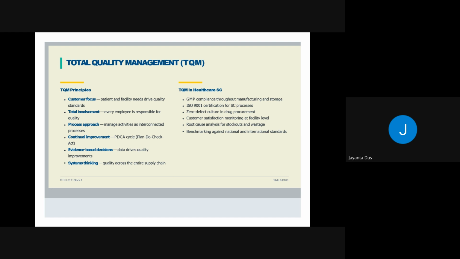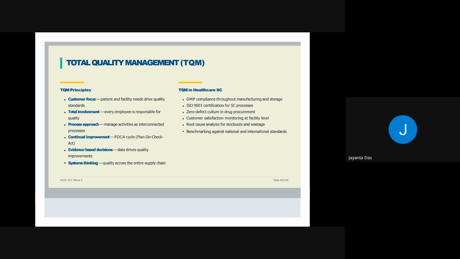Evidence-based decisions: because if we are collecting data properly, analyzing it properly, and coming out with proper information, that will always help us in evidence-based decisions. And systemic thinking, that is quality across the entire supply chain. It is not to be taken in blocks or in silos.